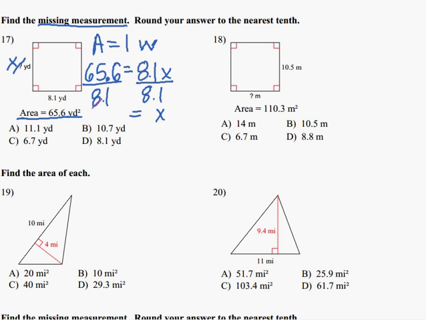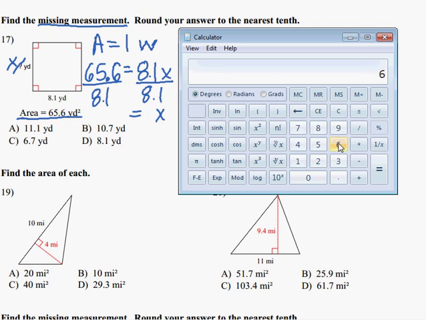And I put this in my calculator. 65.6 divided by 8.1, 8.09, but I want one decimal place, so I round it off.